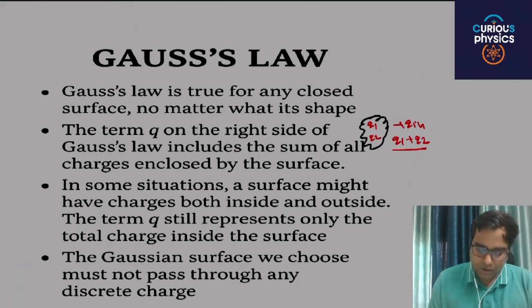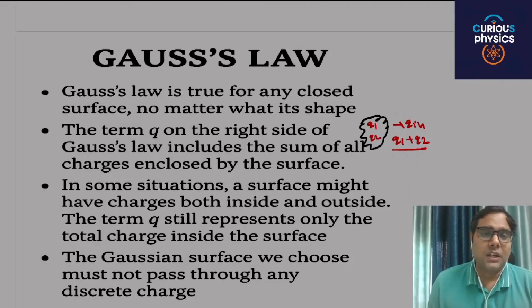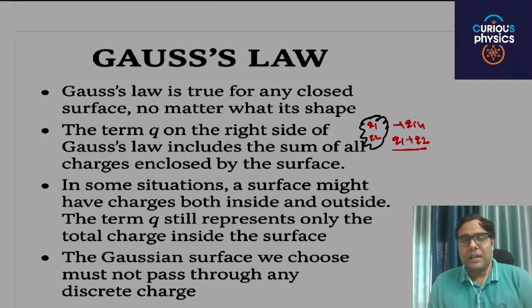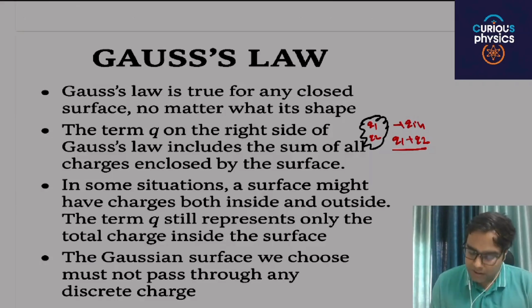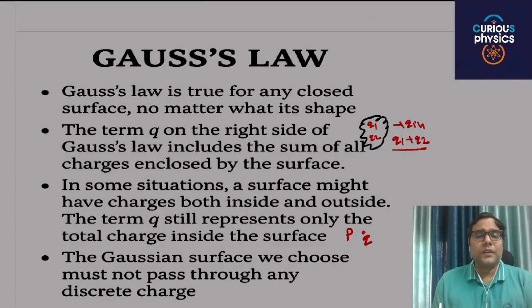And next, the Gaussian surface we choose must not pass through any discrete charge. If you want to choose a Gaussian surface, it should not pass through the charge. For example, this is charge Q placed at a point P. Then the Gaussian surface should not pass through this point.